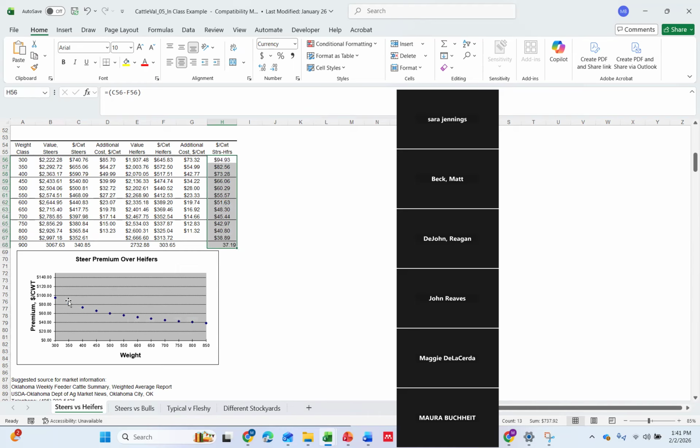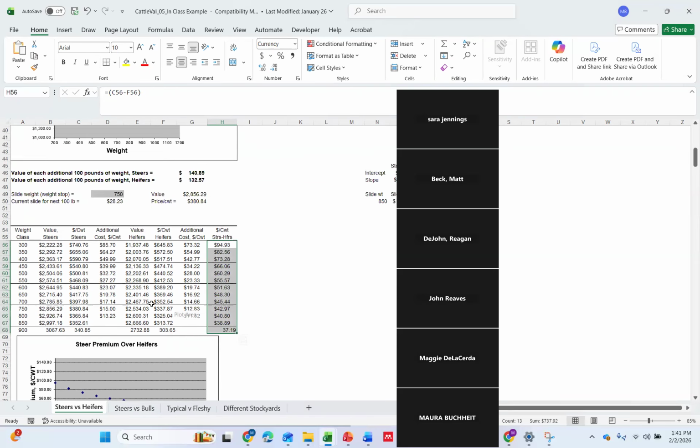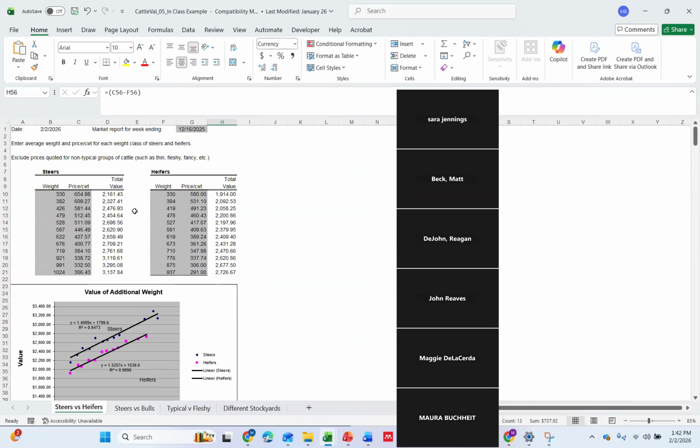Because that slope change of dollar per hundredweight does not change that drastically. So steers will receive a much greater premium relative to heifers at lower body weights, and that premium will diminish as those animals get heavier. Does that make sense, everybody? We'll take that as a yes.